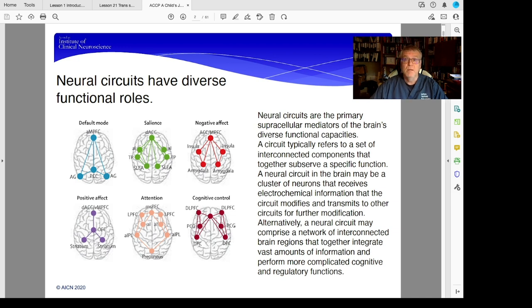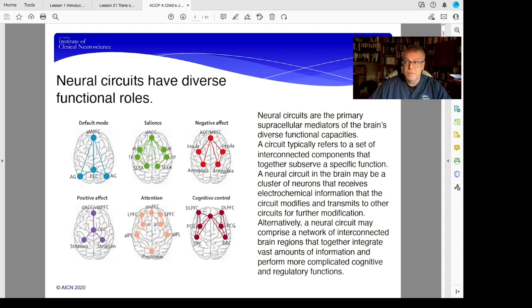So we have neural networks that have diverse functional roles, but they include some of the same properties, if you will, in the brain, locations in the brain of neurons that are shared between these neural networks.